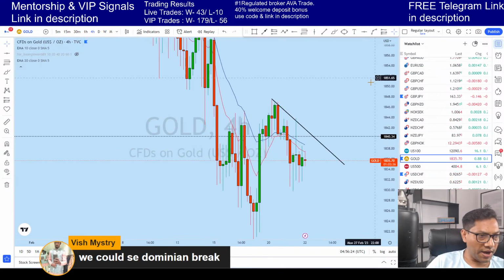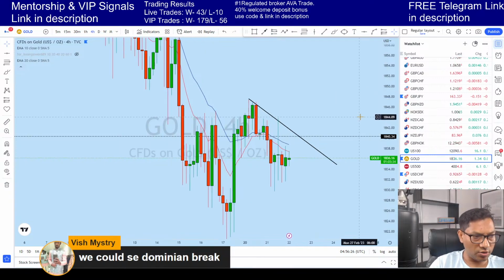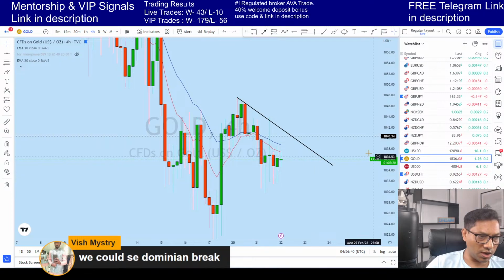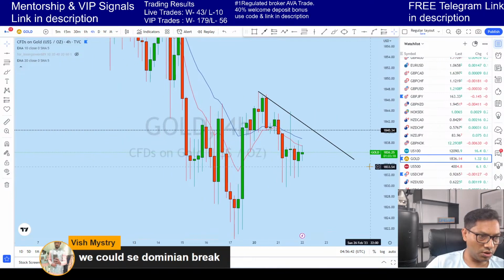Going back to gold, I'm just trying to relate all of them together. All of them, like GBP USD and gold, any movement to the upside might give us an opportunity to sell. As you can see, the current candle is closing in 1 hour 3 minutes on gold.